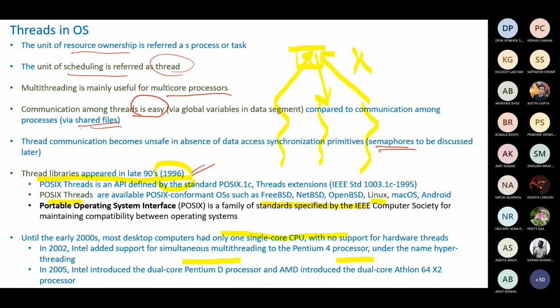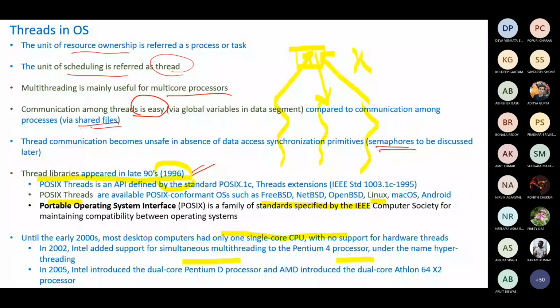Now who is going to ensure it? For that you have to have a standard interface for implementing threads also. If you have a multi-threaded application written, you must be able to run it irrespective of the kernel type or the implementation type.